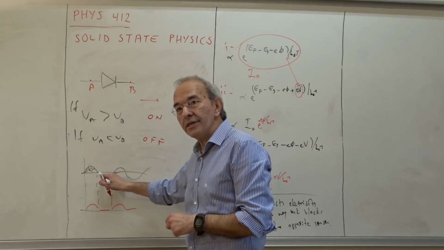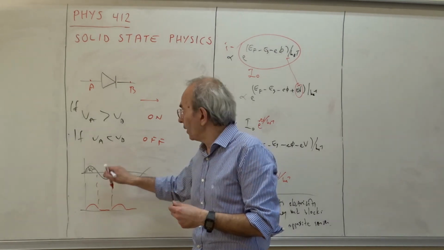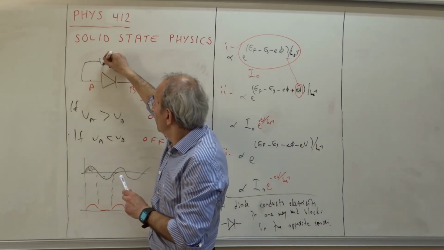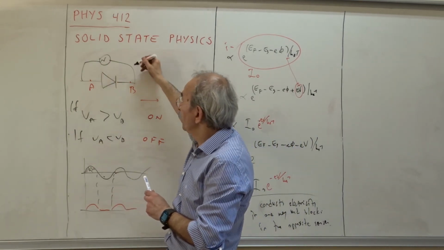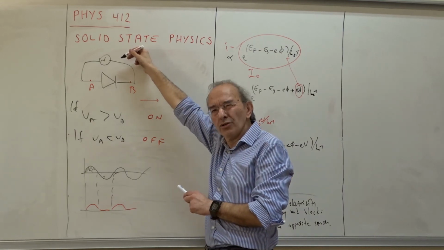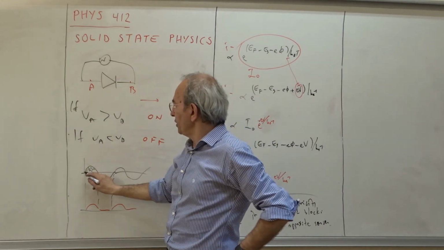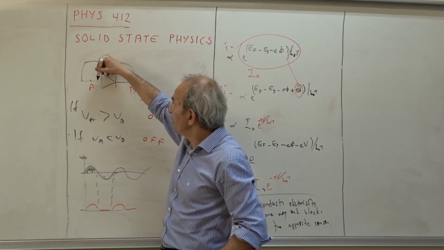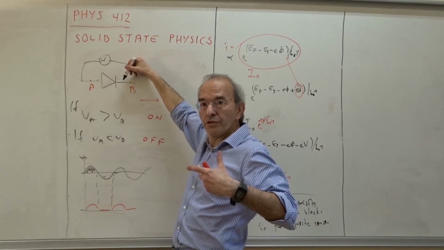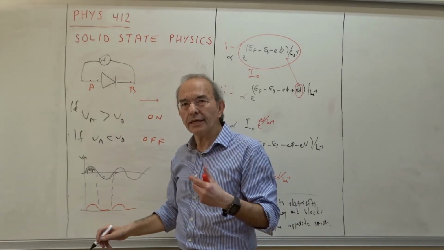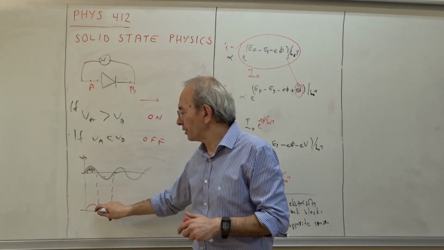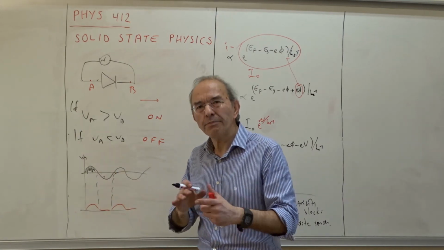Because in a very simple picture, if you have such a sinusoidal source, then in this part where potential is positive, so that this part is more positive than the other part, it conducts electricity, it lets the current pass, so that the output is like a replica of the input.